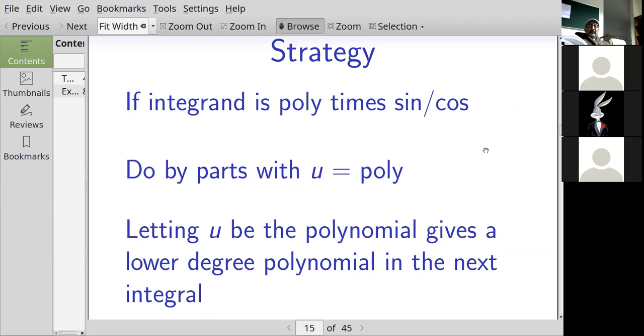So before you had a polynomial, let's say of degree k, times a sine or a cos. You apply integration by parts. Now the next integral will have, in the integrand, a polynomial of degree k minus 1 times a sine or a cos. So it's a simpler thing. The next integral that you have to do will be simpler.